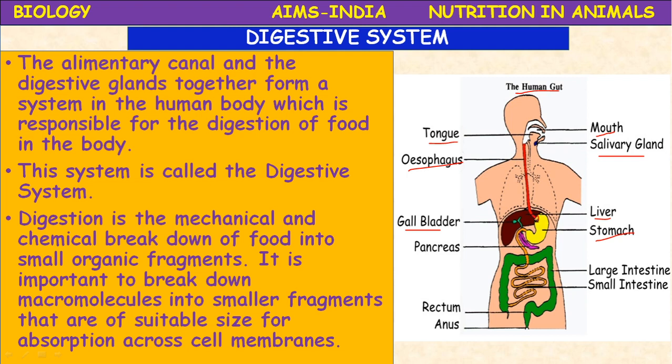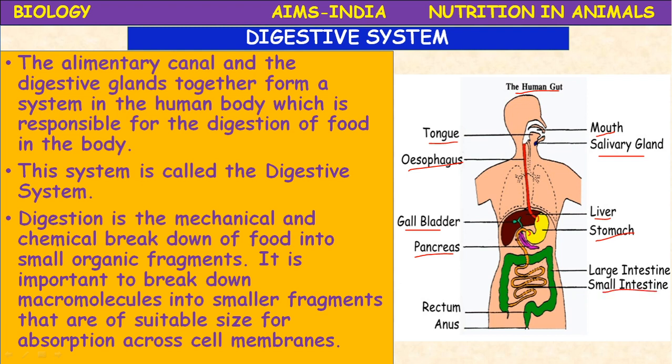which allows a small quantity of food. The pyloric sphincter is present near the duodenum. So the stomach, then the pancreas below the stomach, towards the left side. Then the small intestine.